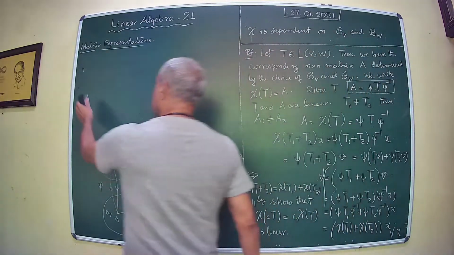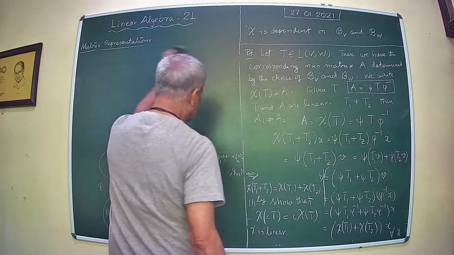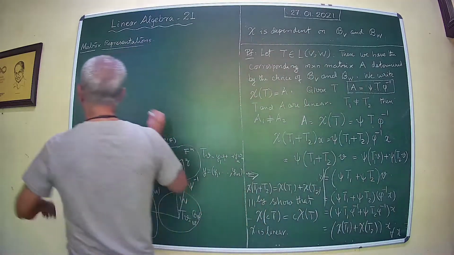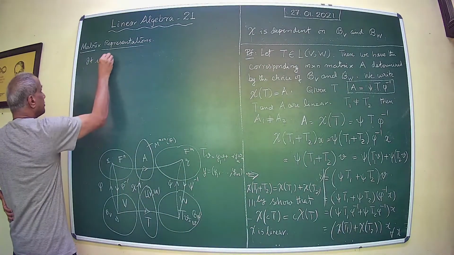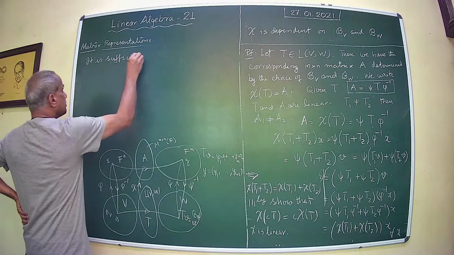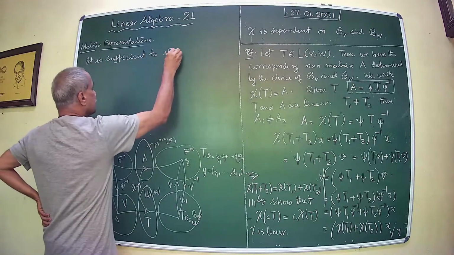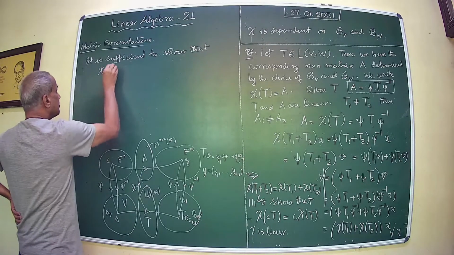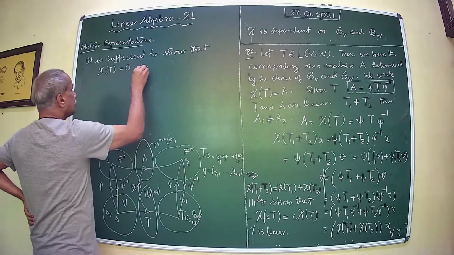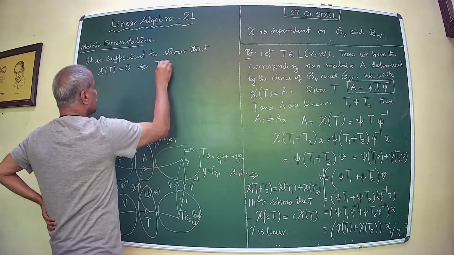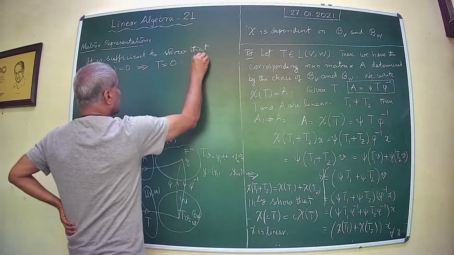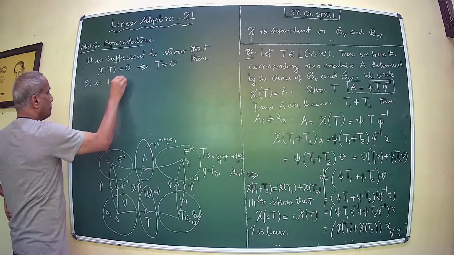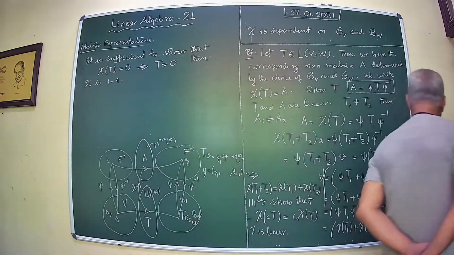Now show that chi is 1 to 1. And since chi is linear, it is sufficient to show that the kernel is zero. Once chi is 1 to 1, it is also onto.